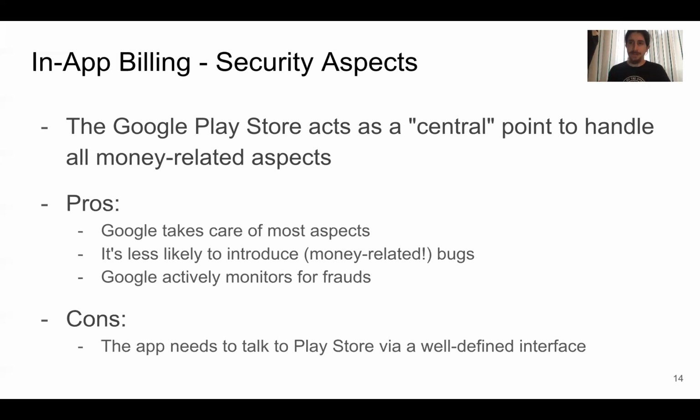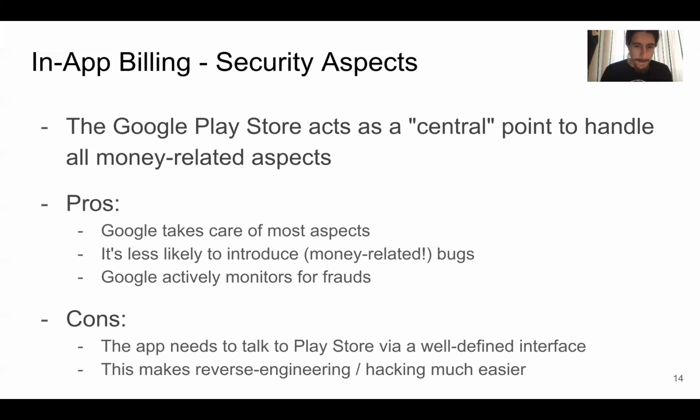Well, from the security perspective, the fact that there is a very specific interface through which an application needs to talk to the Play Store actually is a problem, because it makes reverse engineering much easier. The idea here is that, if you have a third-party app that protects the functionality to hide advertisement, this app needs to ask the Play Store, hey, did the user pay for X?